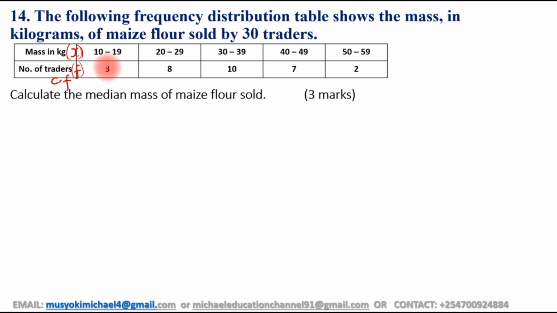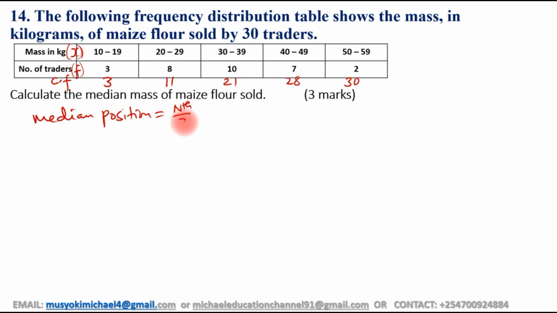So we need cumulative frequency for us to get the median. So we have the frequency cumulatively: 3 plus 8 is 11, 11 plus 10 is 21, 21 plus 7 is 28, 28 plus 2 is 30.